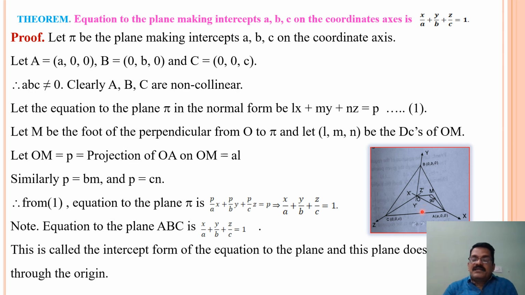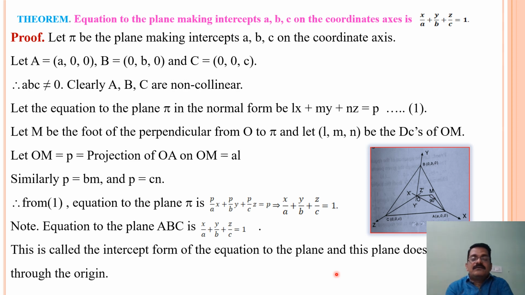The general equation of the plane is ax plus by plus cz plus d is equal to 0, and the angle between two planes is given by cos theta is equal to (a1 a2 plus b1 b2 plus c1 c2) by (square root of a1 square plus b1 square plus c1 square) into (square root of a2 square plus b2 square plus c2 square).